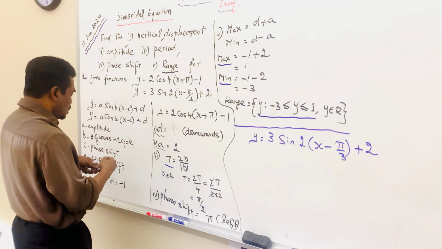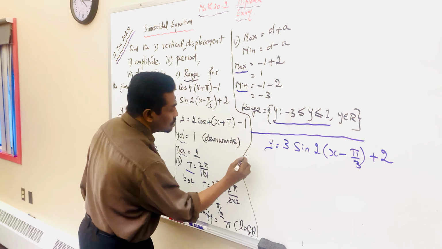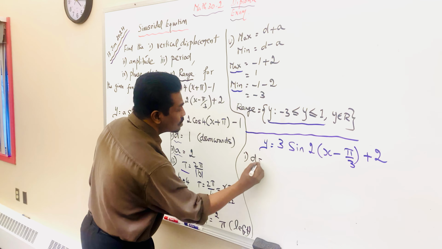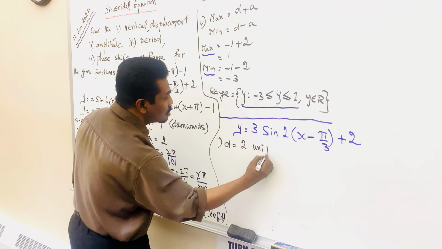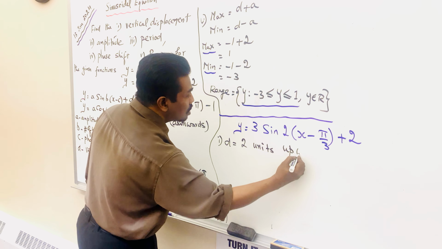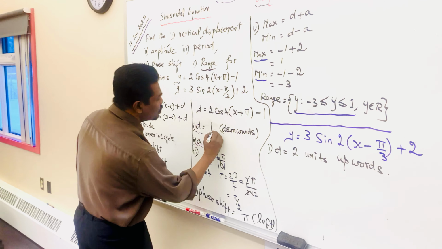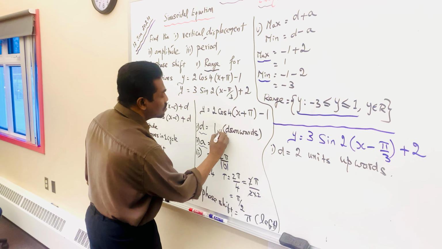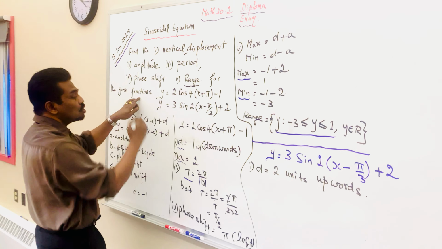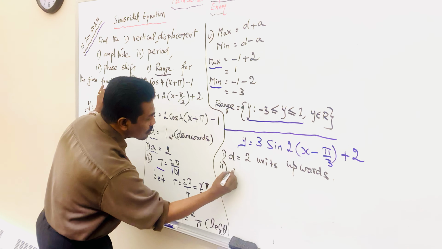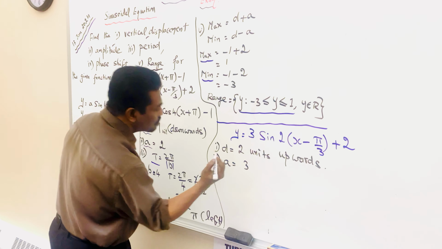So we have to find the vertical displacement D. The first one is D. So here it is 2 units upwards. If you want, we can also say 1 unit, the value. So D is 2. Then the amplitude A is, very easy, 3.